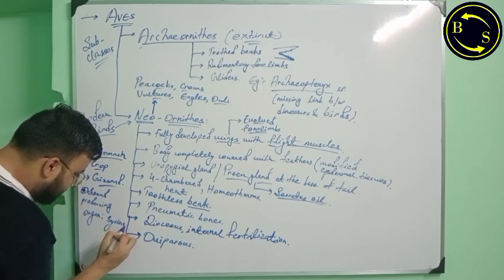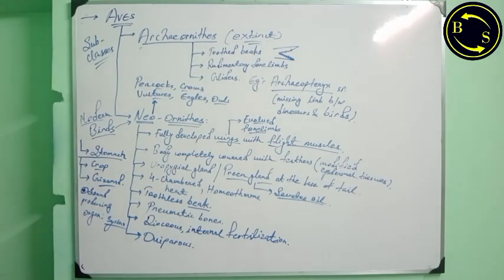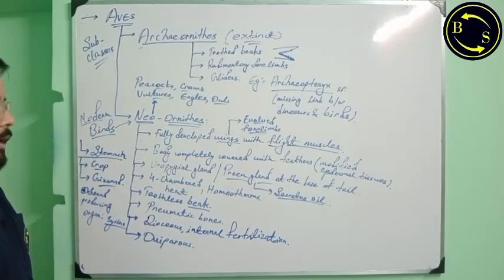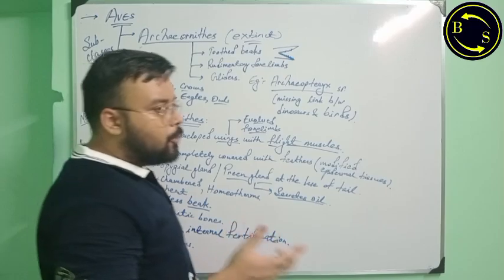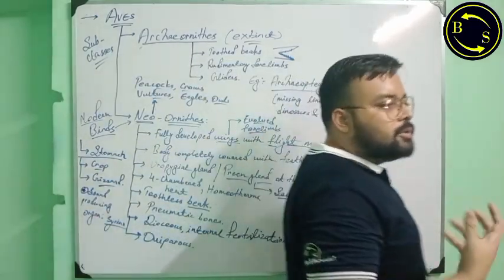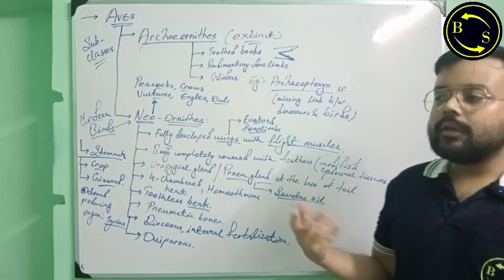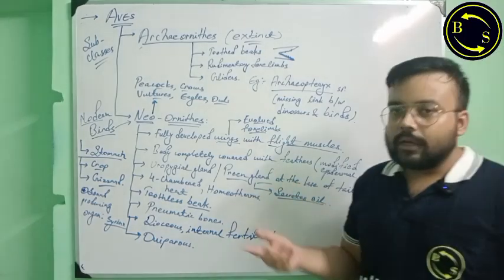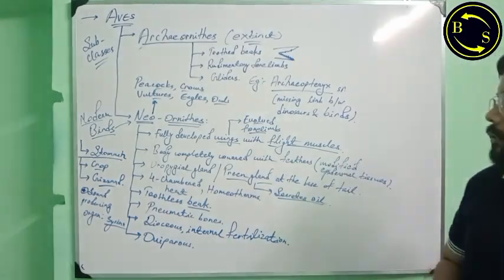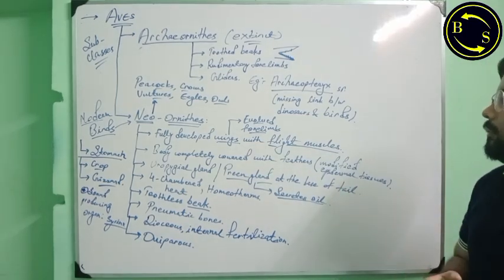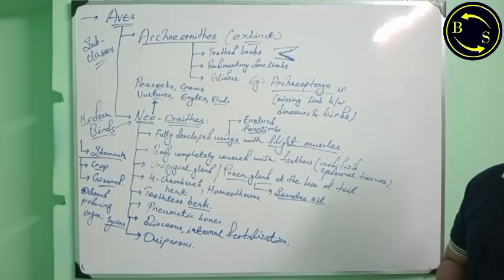This syrinx helps birds to produce beautiful musical notes which we commonly enjoy listening to, the bird song as we call it. So it is produced by the syrinx. Okay. So this is all we need to know about the class Aves.